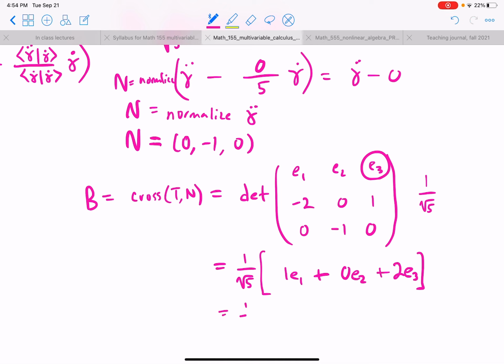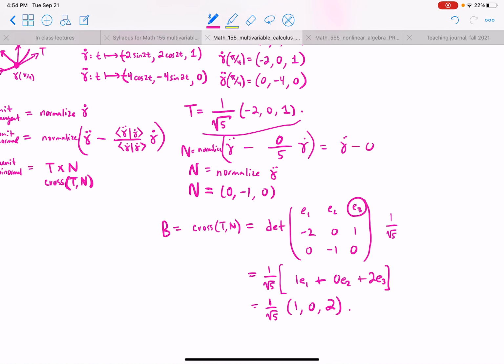And so this is 1 over root 5 times 1 e1, 0 e2, 2 e3. And there we go. Here's T, here's N, here's B.